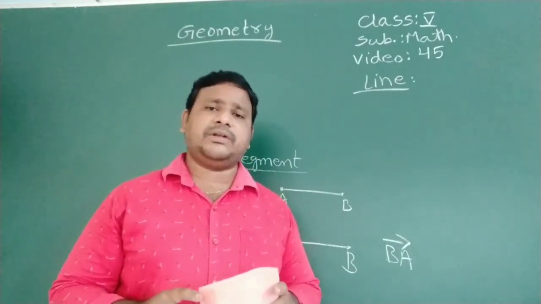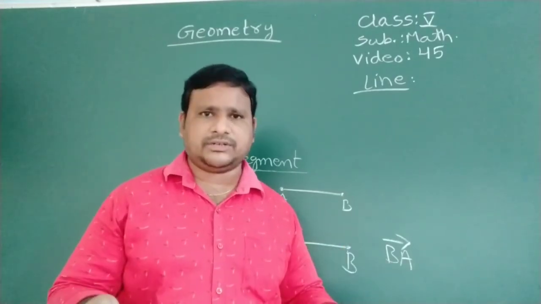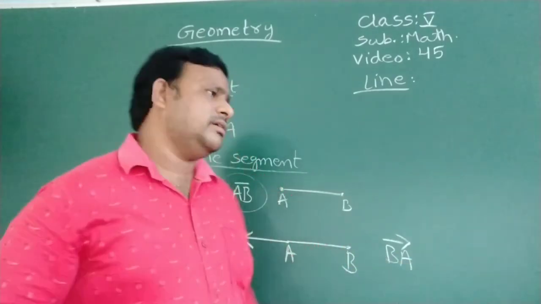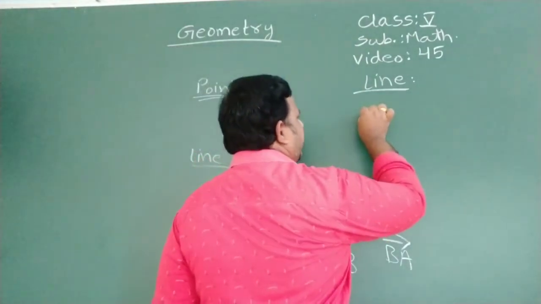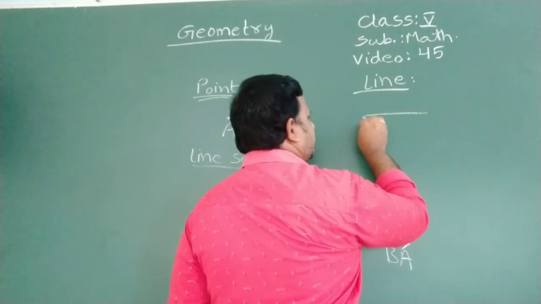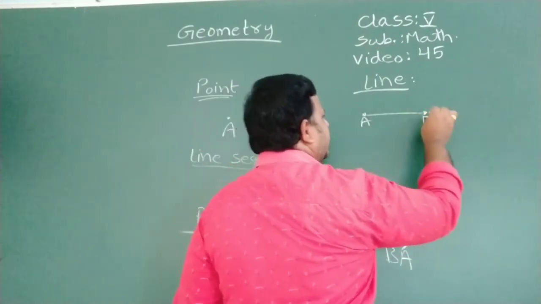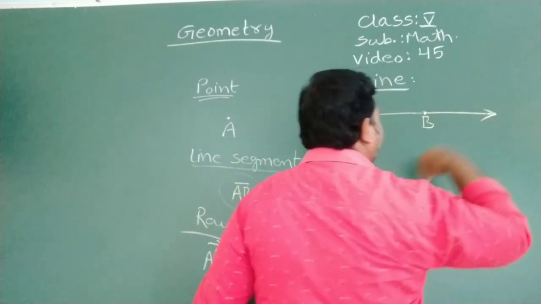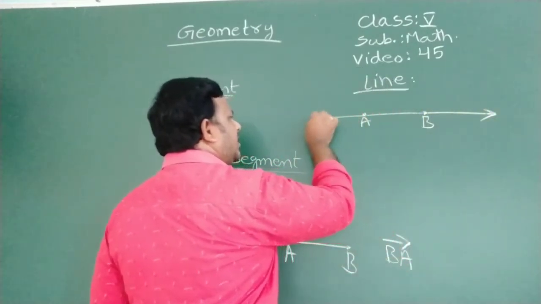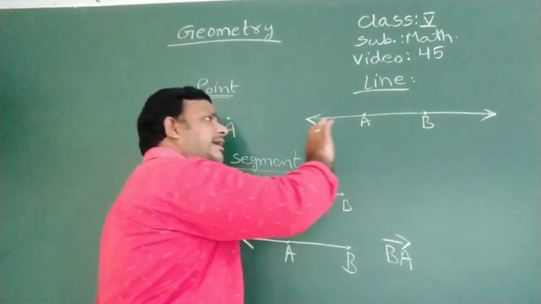If a line segment is extended endlessly in both directions, it gives a line. So AB is a line segment. This line segment is extended right side endlessly and also left side endlessly.